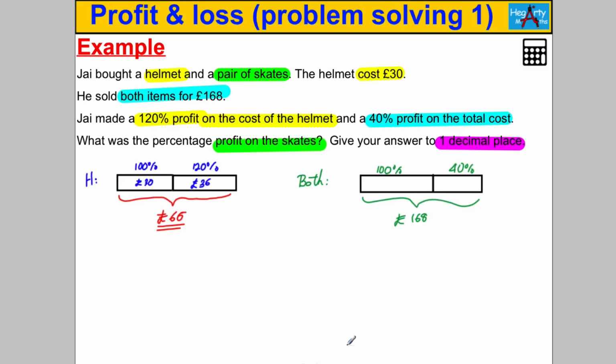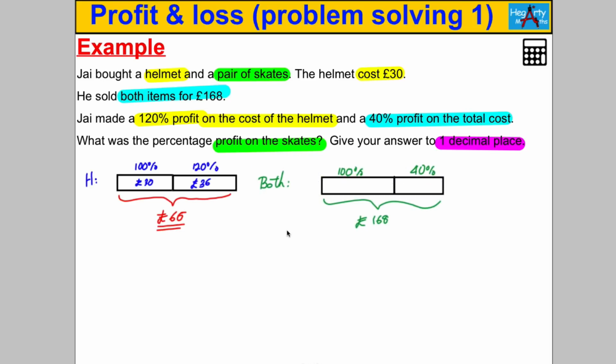So why don't we work out the cost of both things? Let's try and work out 100% from that. If I know that 140% is equivalent to £168, in order to get the 100%, I could divide by 140 and then multiply by 100. So I'd do the same to this side.